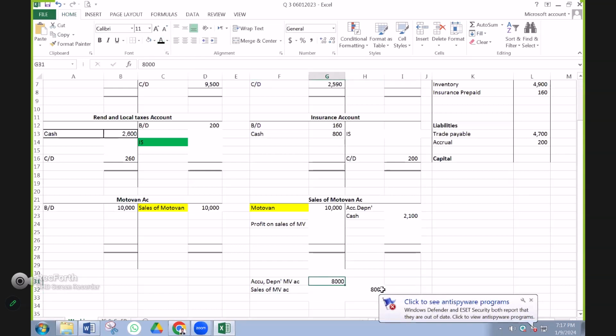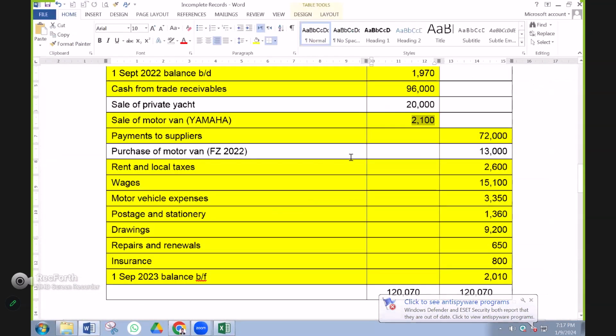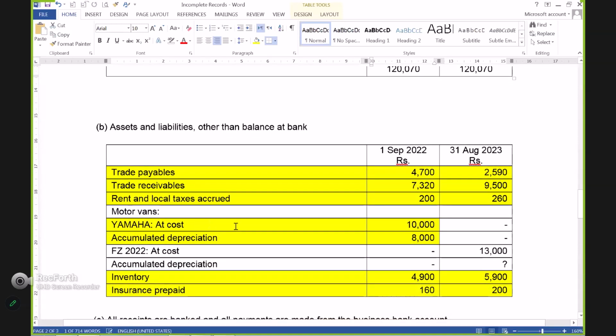Here the motor van accumulated depreciation of 8,000 is given. There is no calculation for the current year depreciation, so you have to deduct the accumulated depreciation from past years. In the opening balance, accumulated depreciation is 8,000. What is the double entry?